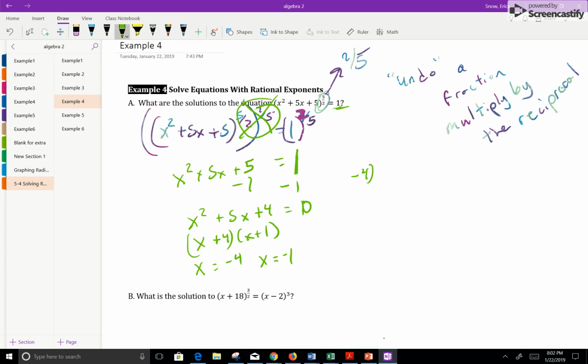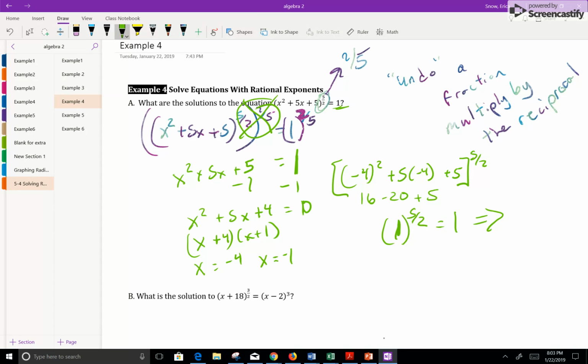So we get (-4 squared plus 5 times -4 plus 5) all to the 5/2. So we get 16 minus 20 plus 5, which is going to give us 1 to the 5/2, which is just 1. So that works. Then we're going to plug in our -1 solution.